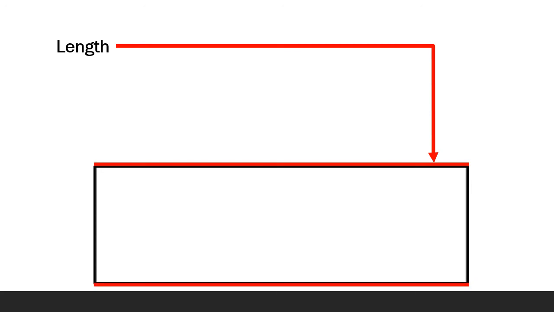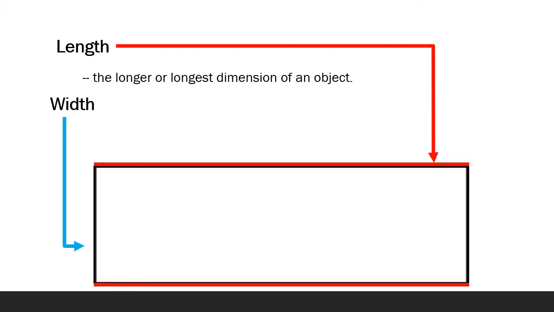Okay, so we have two lengths of the rectangle. It is the longest dimension of an object. And the shortest part is what we call the width. The width is just the shortest part of the rectangle. It is the extent of something from side to side.